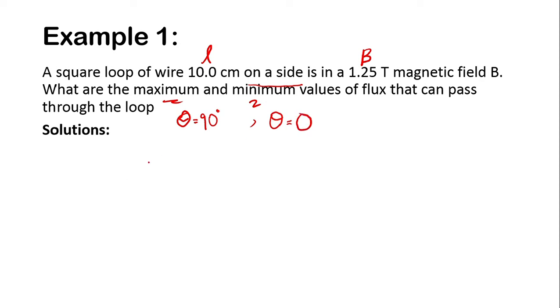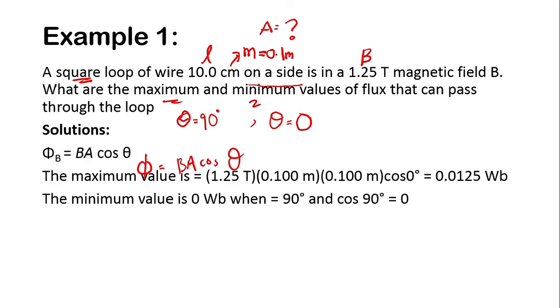So magnetic flux is equal to BA cos theta. Nilai B dia bagi, nilai A awak boleh kira square. Kena tukar to meter dulu, so 10 cm is 0.1 meter. Cari nilai area dulu, masukkan dalam ni, cos 90 for the maximum, and cos 0 for the minimum. Just masukkan je, dapat jawapan.